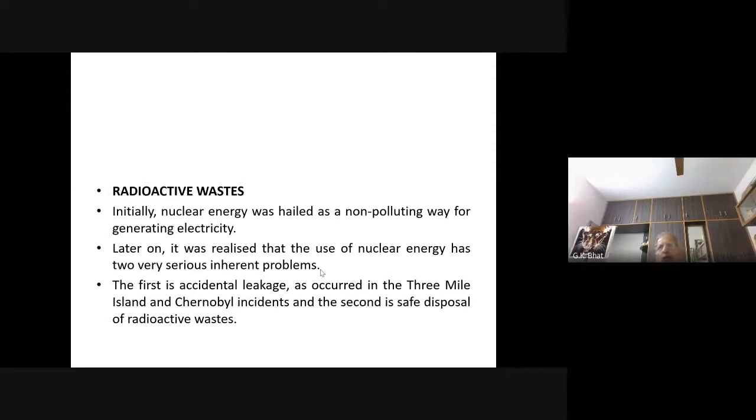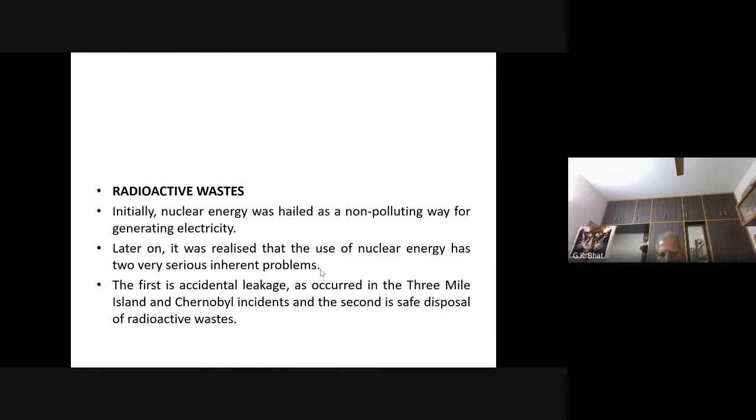But for the people living there, I hope, in 1984, in December, one incident happened. Do you remember where it was? What it was? 1984 December. There was a sudden unexpected leakage of methyl isocyanate. Where was it? What is that tragedy called?